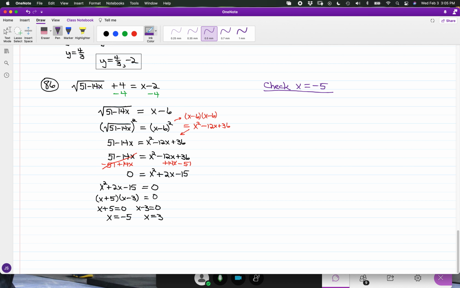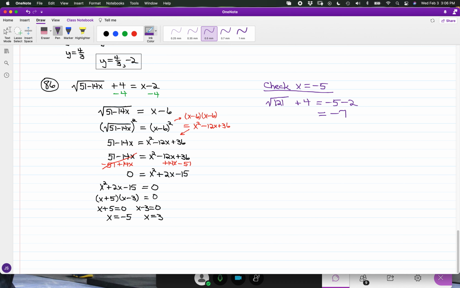Negative 14 times negative 5 is positive 70, and 51 plus 70 is going to be a 121. So I have the square root of 121 plus 4 is equal to, now for x minus 2, I have negative 5 minus 2. Negative 5 minus 2 is going to be negative 7.